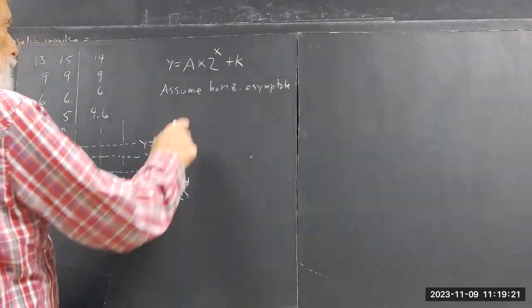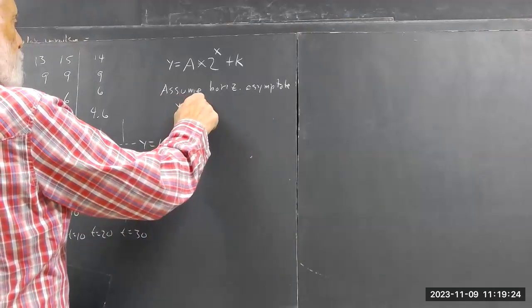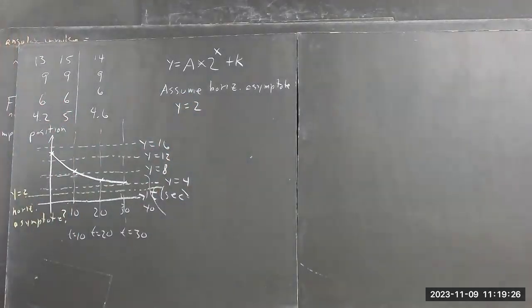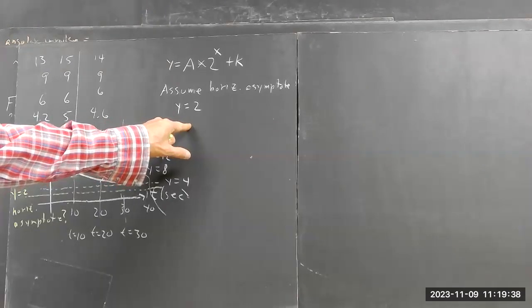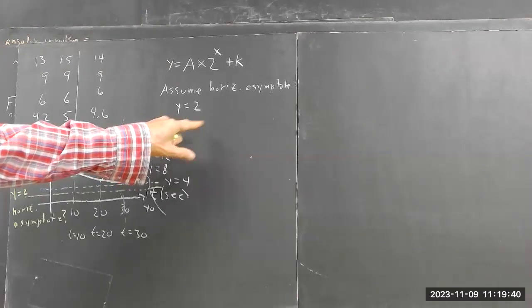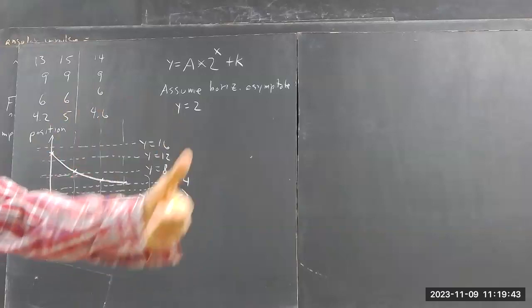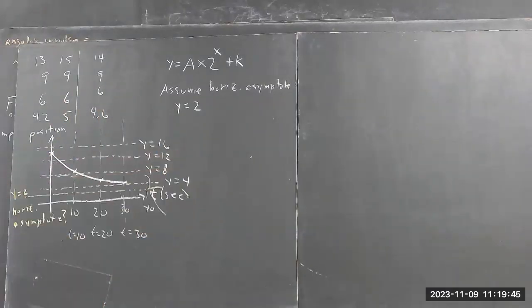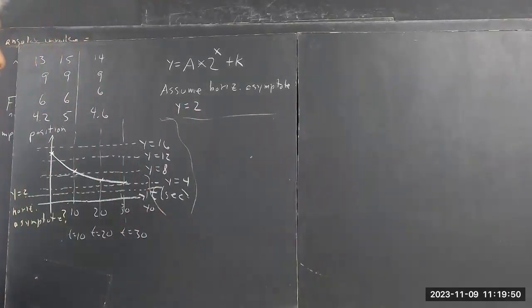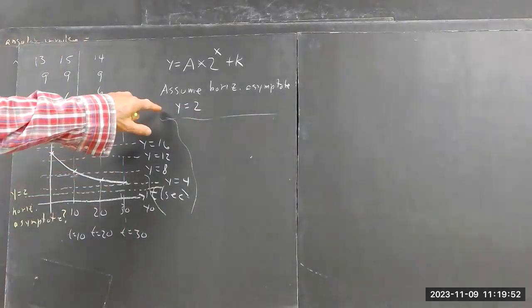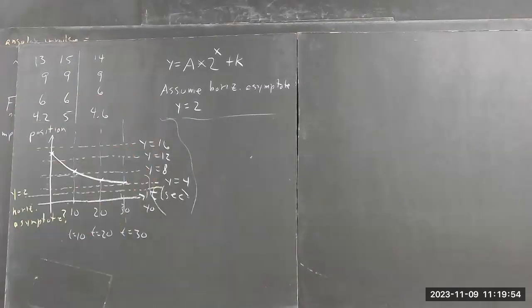I'm going to assume a horizontal asymptote, y equals 2. For this data, I'm not sure that's a good assumption. It's not far off, and that was kind of my perception. I figured I'd get to 2, and then it would be a good idea for me to stop that time. Now, if I go back and do it again right now, I'd probably get to 0 or a little on the other side. That was a cold stretch. So I'm not sure. Anyhow, we're going to assume that.